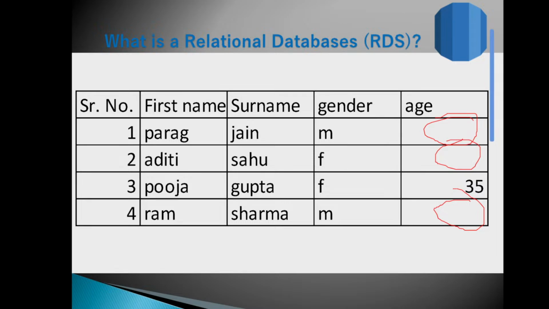Still, you have to introduce a new column, and you have to give a null value or default value for all the records. They are tightly coupled. Each record is dependent on another. It means if you want to set a new value for one record, you can't do that. You have to introduce that column to all the records. And that's one problem.